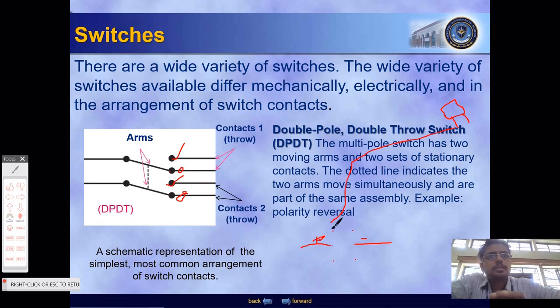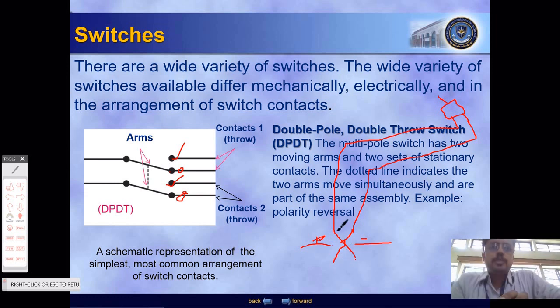One of the terminals is connected to one of the switch terminals, suppose we connect to this terminal, and another pole of the DC motor, suppose we connect to this terminal, and we can draw an X like this.